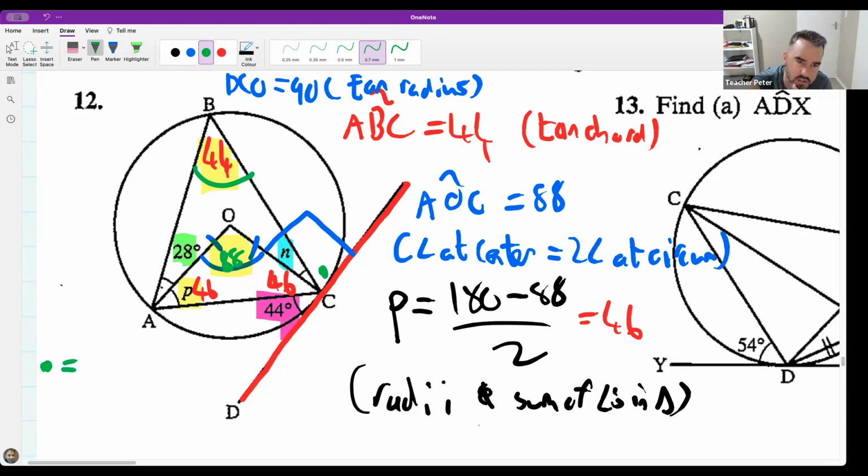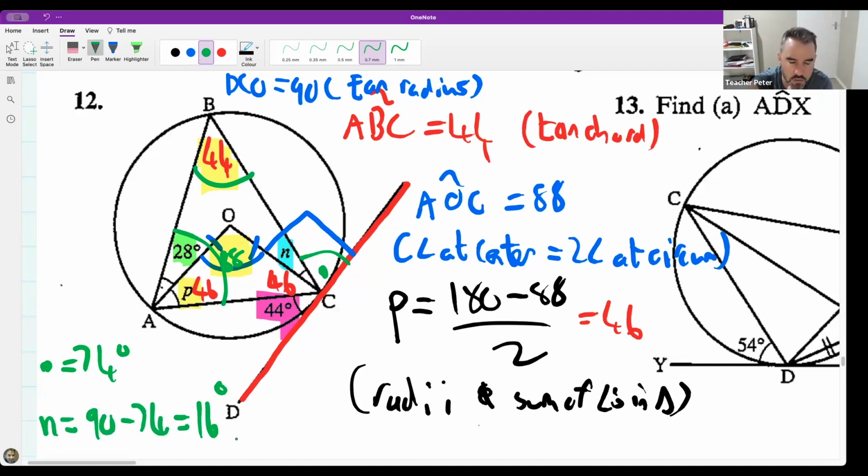The green dot is going to equal whatever these two angles are. And that is going to be 28 plus 46, which is 74, which means N must be 90 minus 74, which is 16 degrees. And so N would be 16.